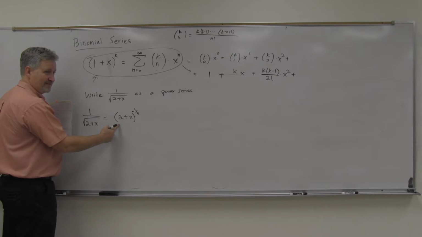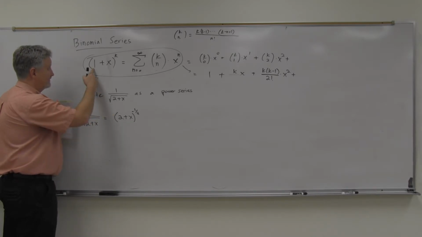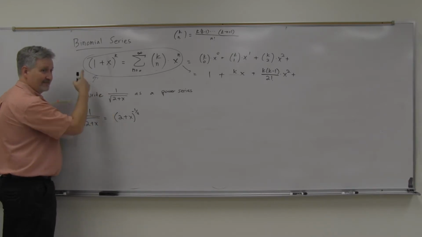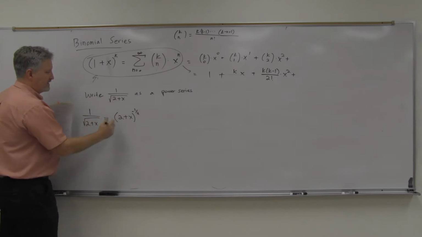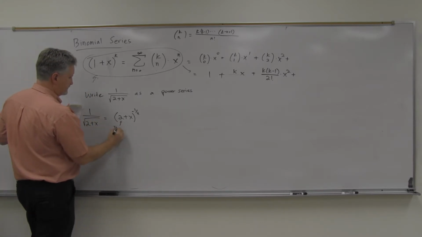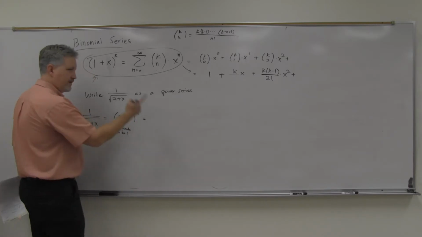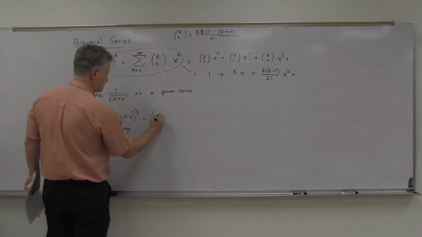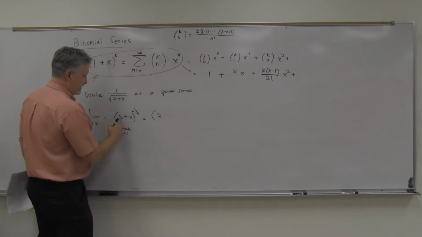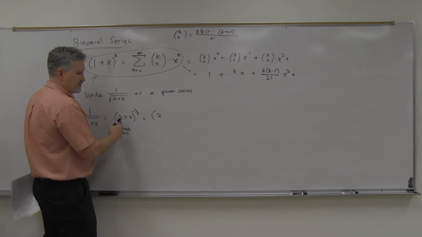Now, for this formula to apply, I don't quite have what's needed yet here either. What's wrong with this picture? It's got a 2, not a 1. That needs to match. So, let's factor off a 2 there. Usually that's not how we factor, I mean, usually we would not factor that, but because of the formula, we need to.